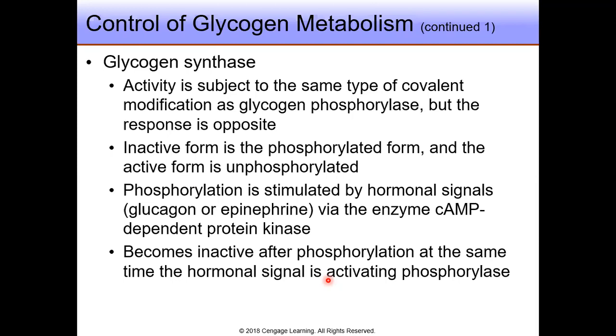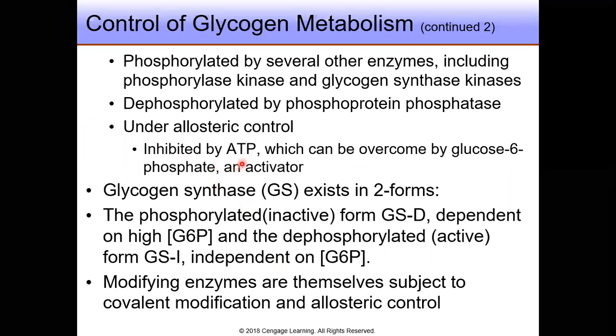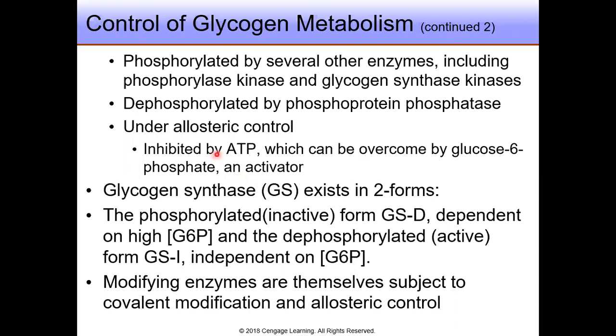Glycogen synthase is also under allosteric control. It is inhibited by ATP. This inhibition can be overcome by glucose 6-phosphate, an activator. So, ATP is an inhibitor, glucose 6-phosphate is an activator.